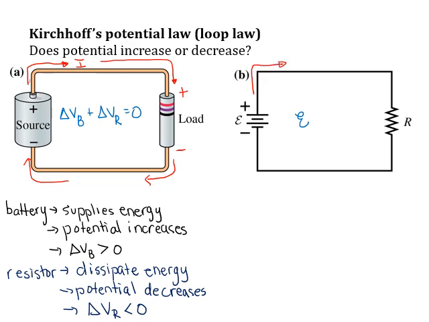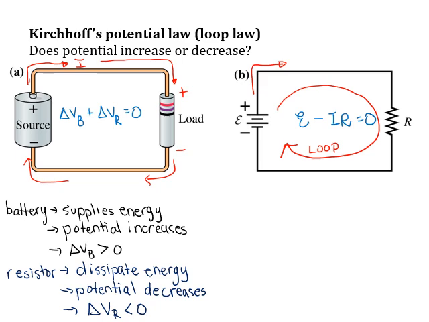So epsilon, the potential of the battery, plus the potential of the resistor, which is negative because it's a drop, current times resistance, have got to be 0. So there's a very simple application of Kirchhoff's potential law. And we've added up that potential by going around our loop. So this is the loop that we added up the potential around. And this is the sort of application we're going to be doing.